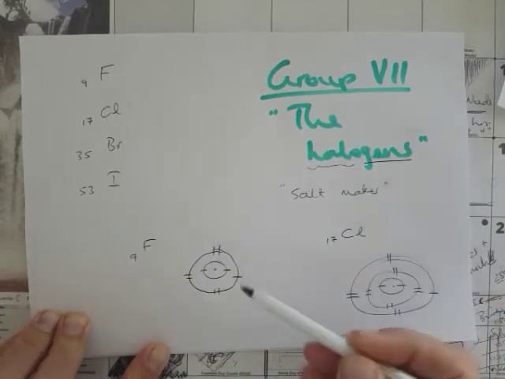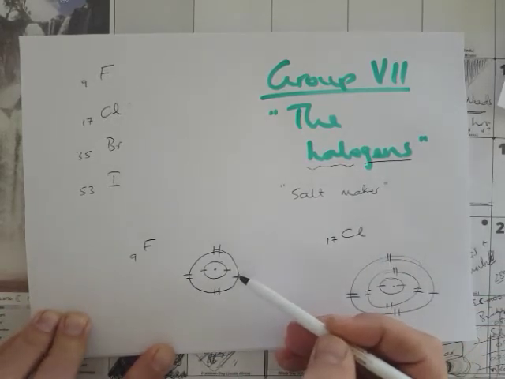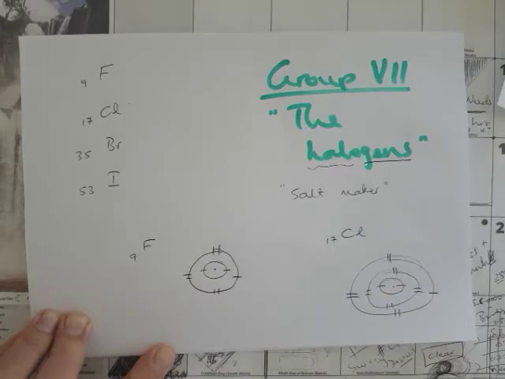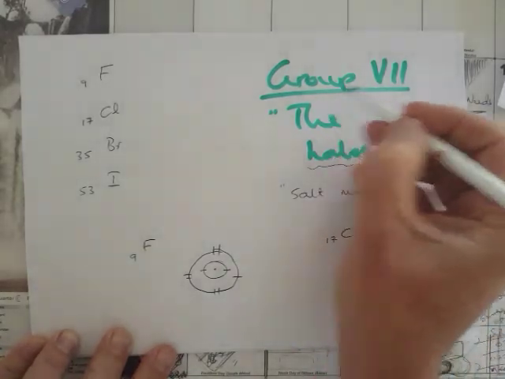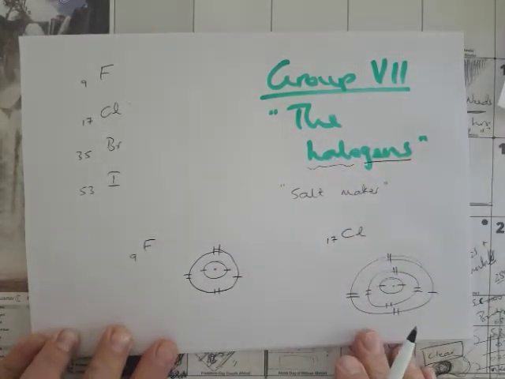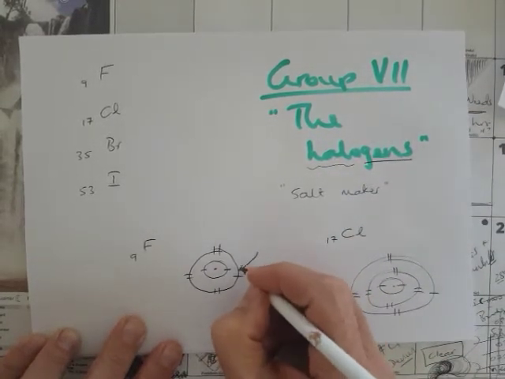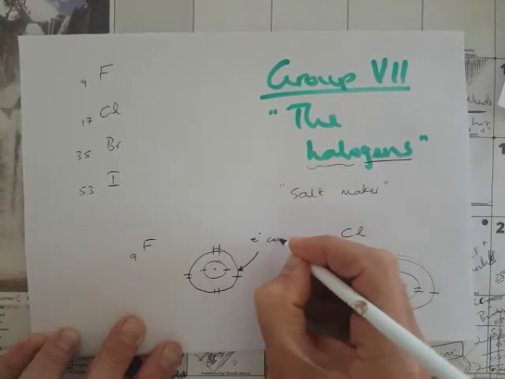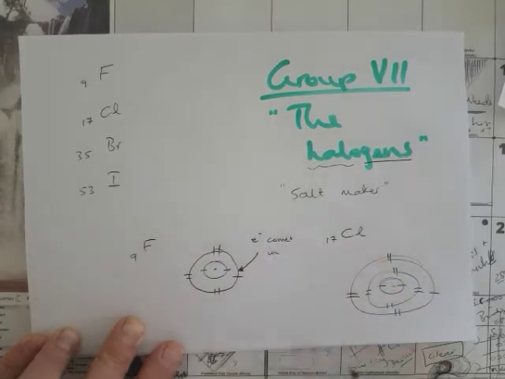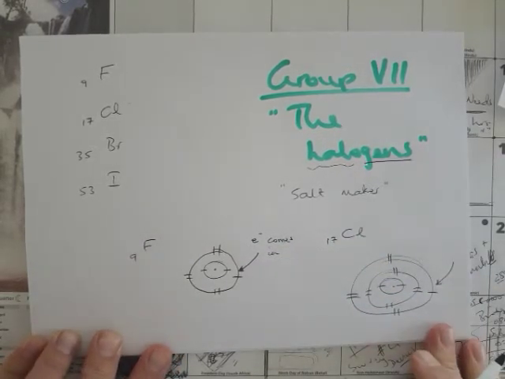I always leave my gap, if you like, the missing electron on the right. You can choose to draw it however you want. But I think you can see that these halogens, the group 7 elements, react by trying to accept an electron. An electron comes in from somewhere else to complete this shell, to make it stable.